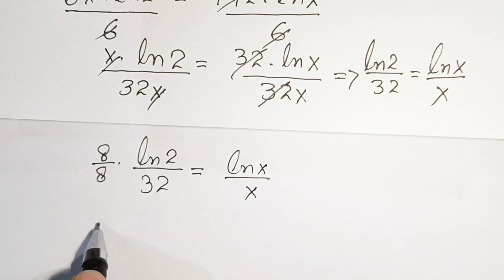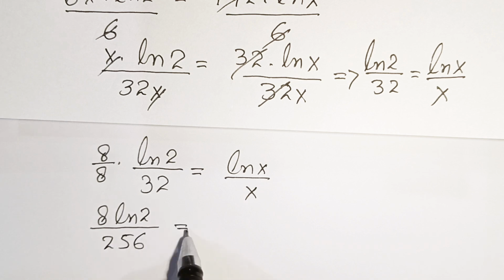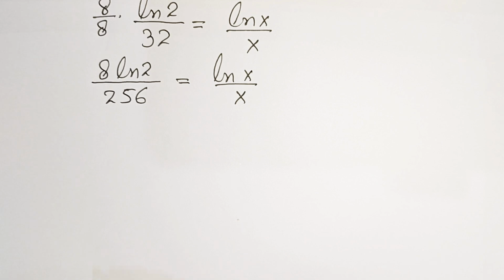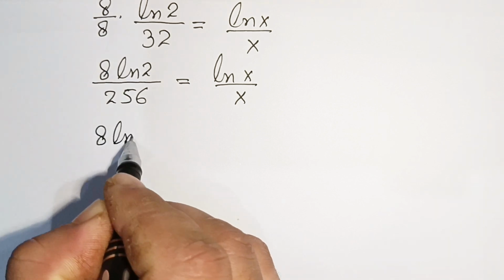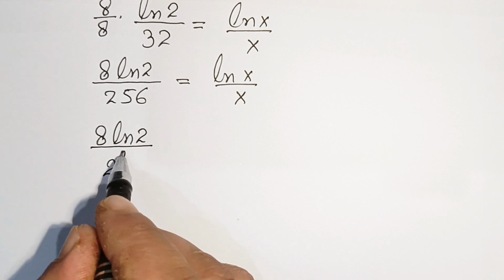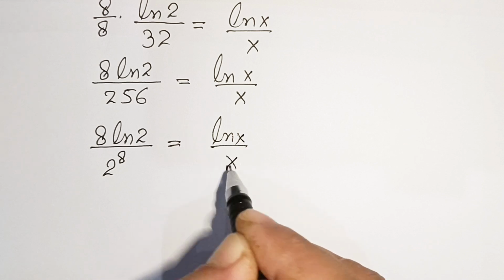So here 8 times natural log of 2 over, if we multiply 32 times 8, we get 256, which is equal to natural log of x over x. So here 8 times natural log of 2 over 256 is also equal to 2 to the power 8, that is natural log of x over x.